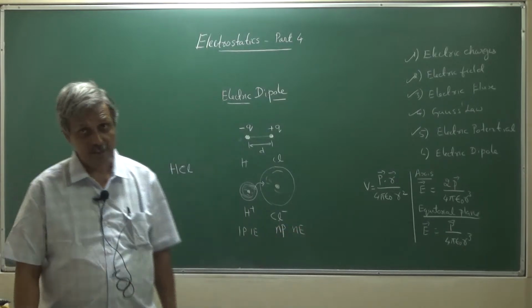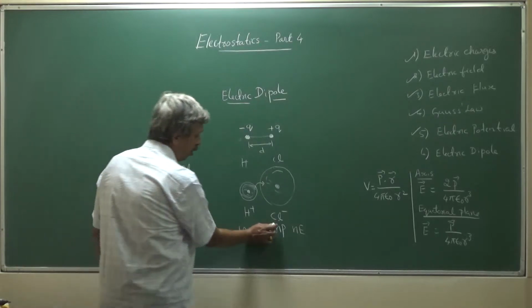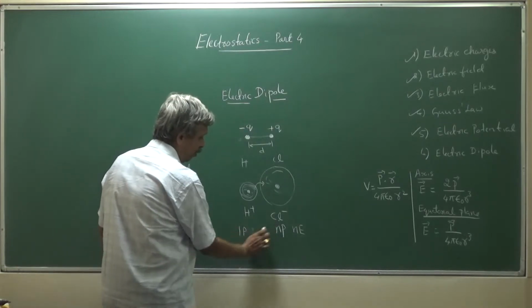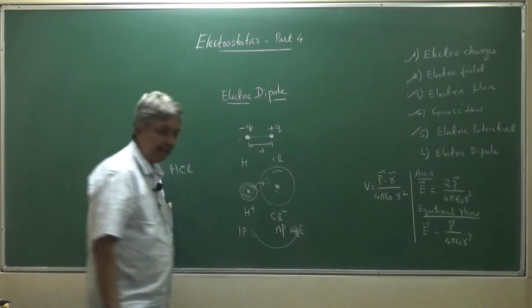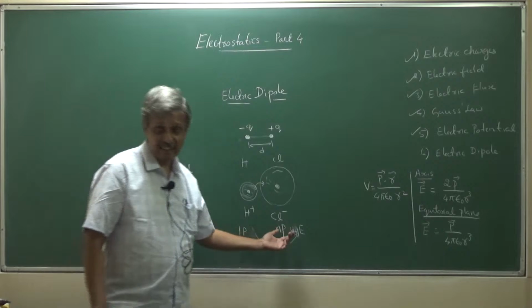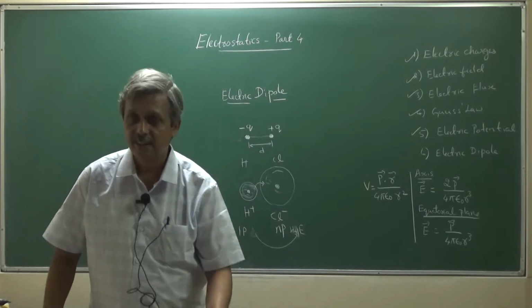Same, equal. Now what happens is that one electron will go away from here, and this will become n plus 1. Correct? So this has one extra electron. When they were equal, it was electrically neutral.